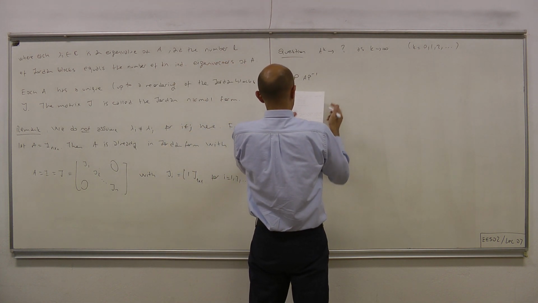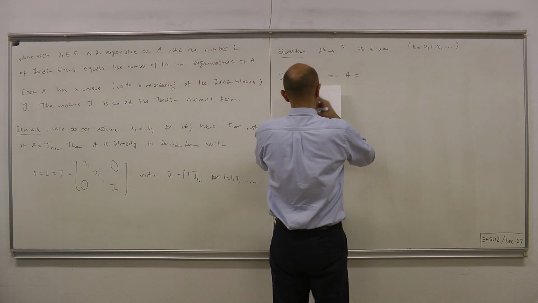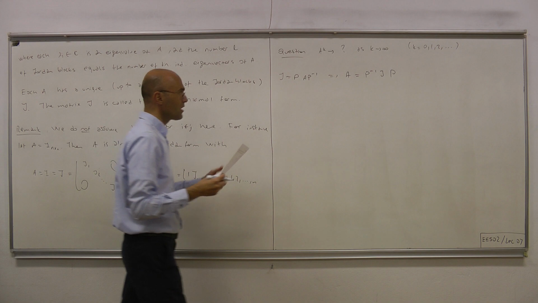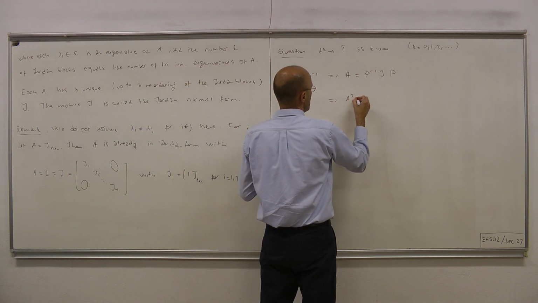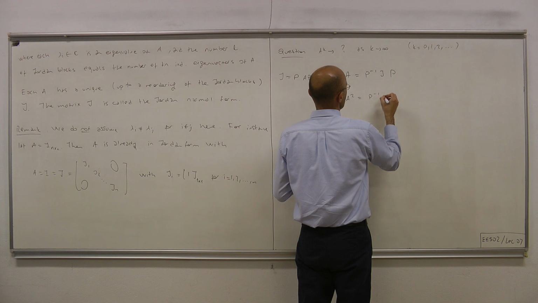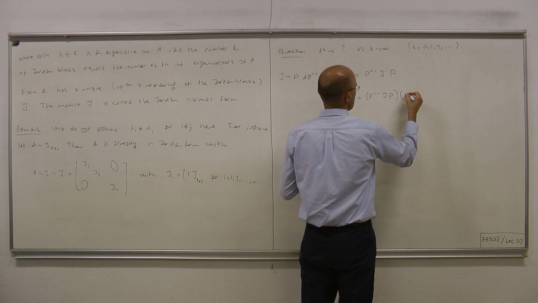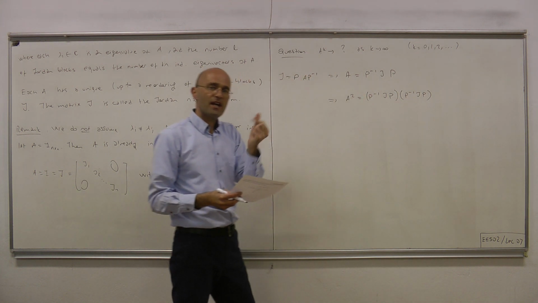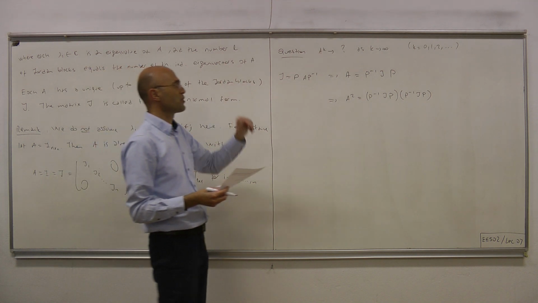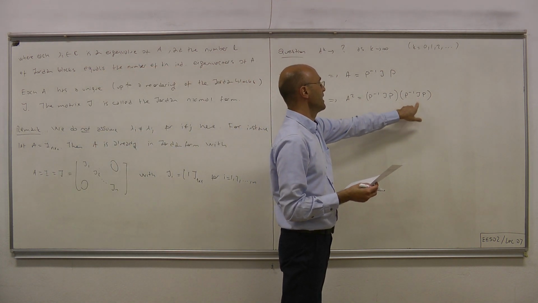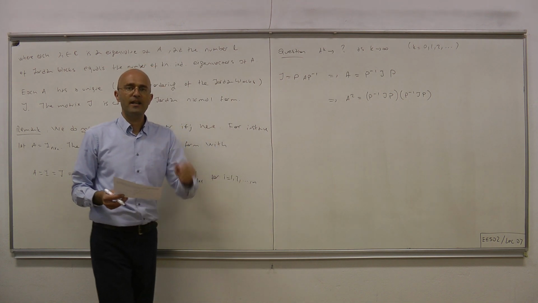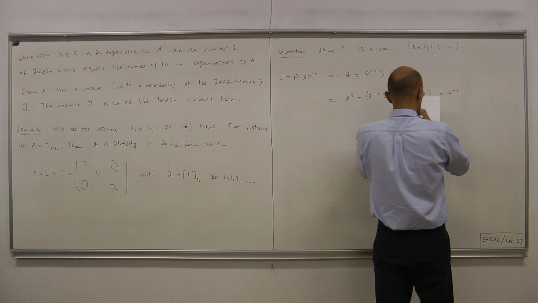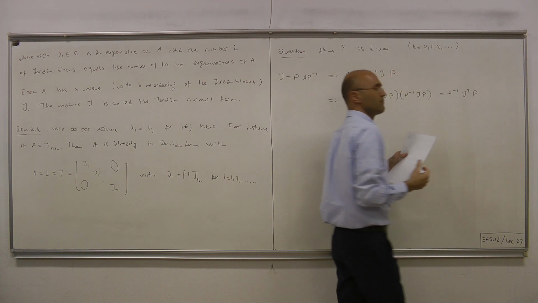That means A equals P inverse J P. Then A squared equals P inverse J P times P inverse J P. Now this P and this P inverse cancel one another, they make identity, so we can just remove them. J times another J makes J squared, so what we have is P inverse J squared P.